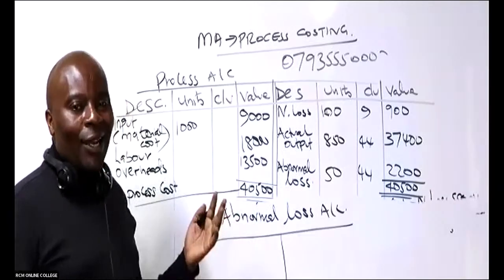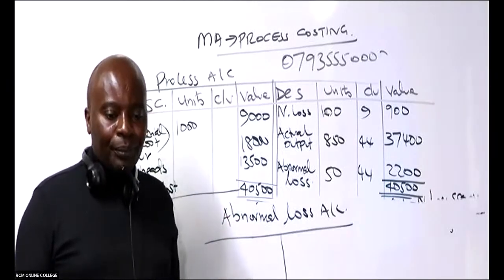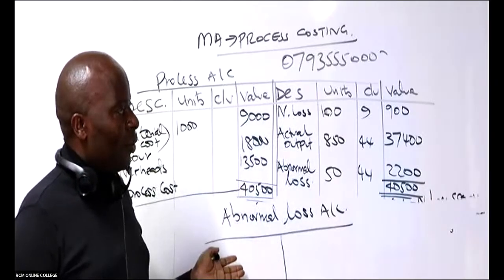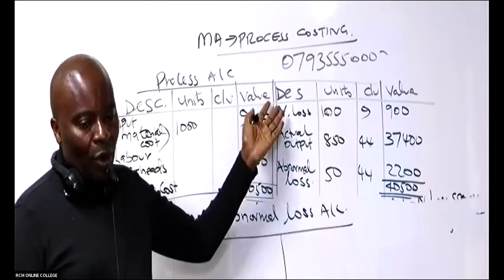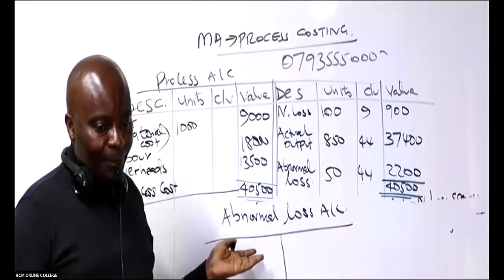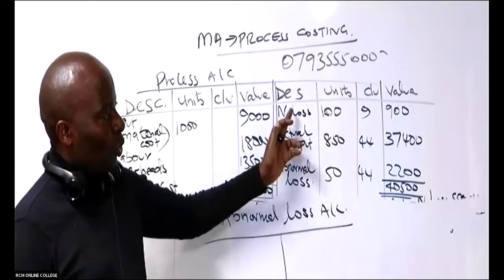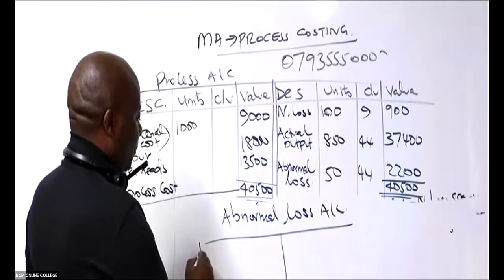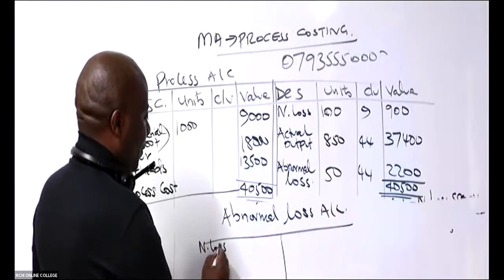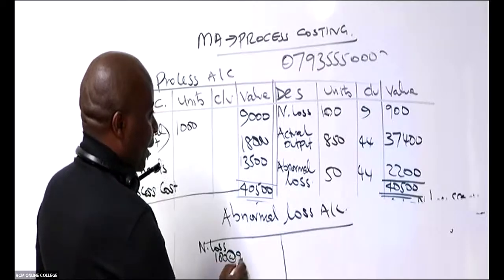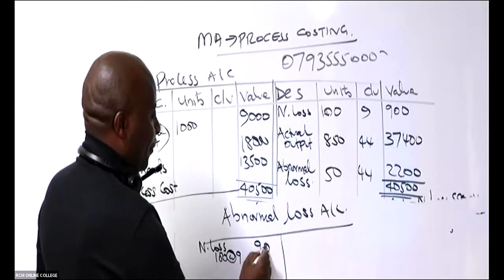It's basically a losses account. Like now, you'll bring the normal loss here. So here the normal loss was credited, it will be debited here. So we have here normal loss, 100 at 9, giving us 900.